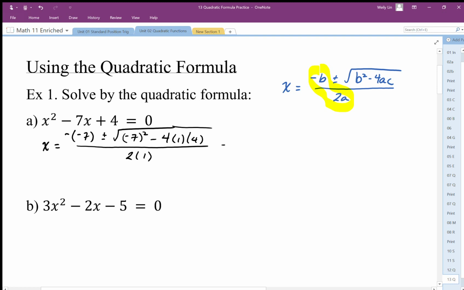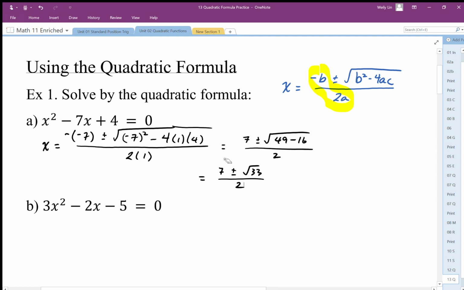Okay, so working that out, we get 7 plus minus square root of 49 minus 16 all over 2. And we can simplify that expression to square root 33 all over 2. Okay, so there's our solution.